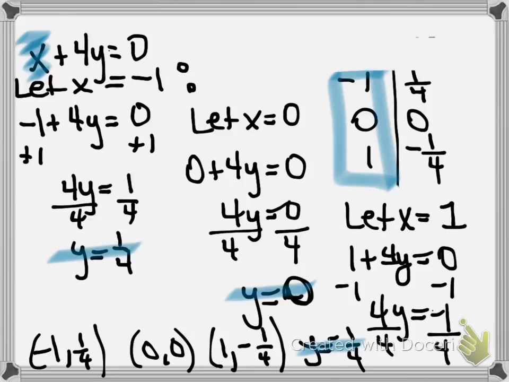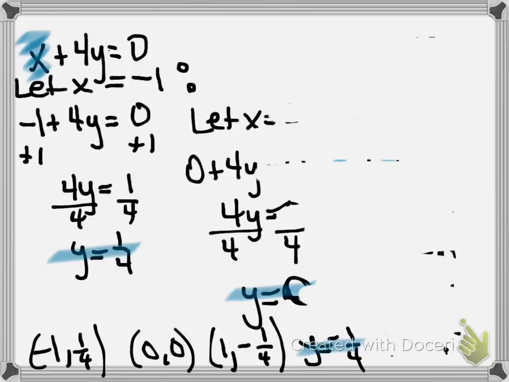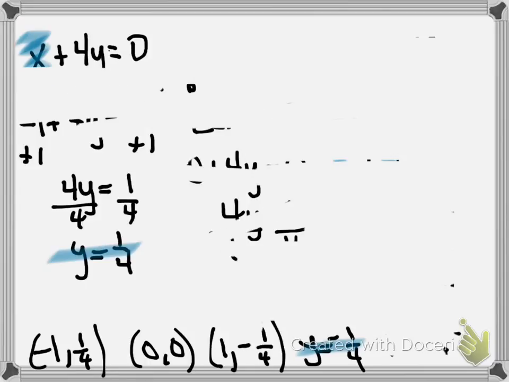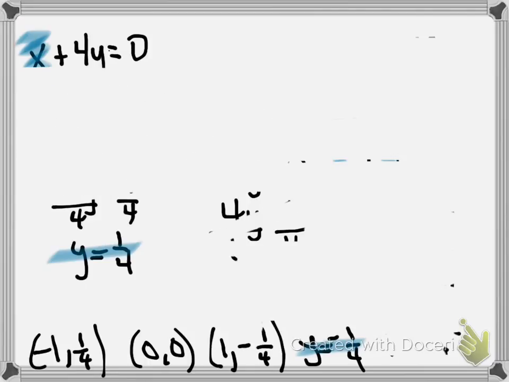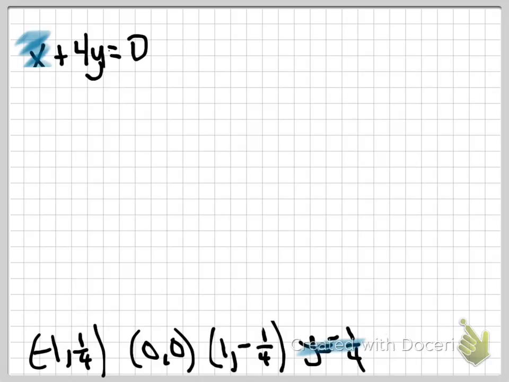Okay, so now let's put them on a graph. So x plus 4y equals 0 has a graphical or a visual or a pictorial representation, and it is a line. And let's figure out what it is based on the 3 points that we found.